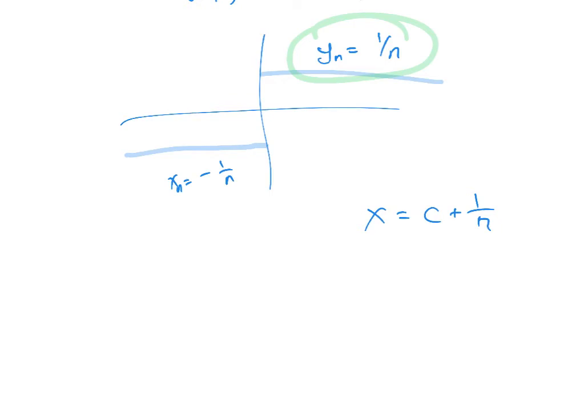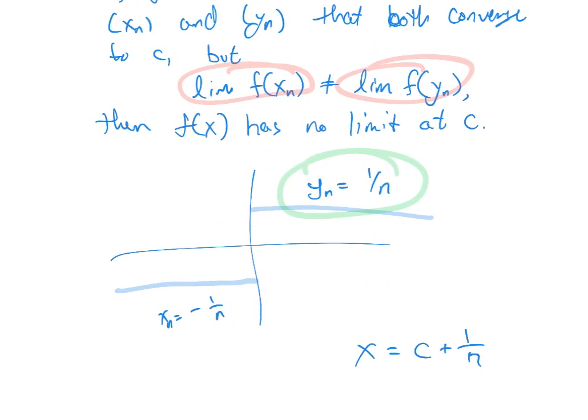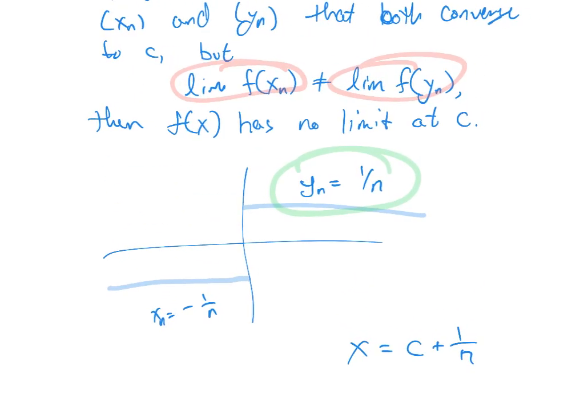I have a question. In this case, xn and yn, both of these sequences converge to 0, so they have the same limit, right? The xn's and the yn's have the same limits, yes. But the limits mentioned up here are the limits of the functions.